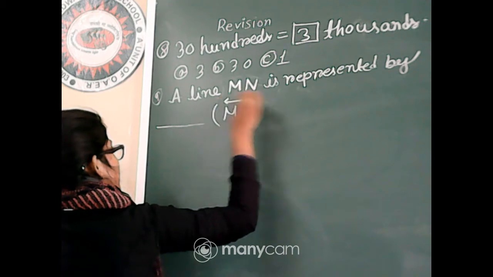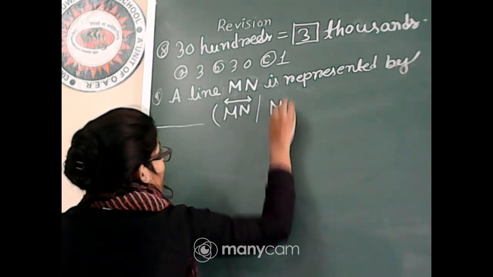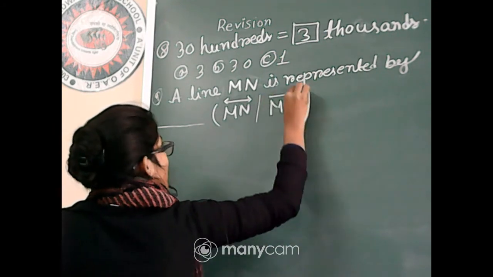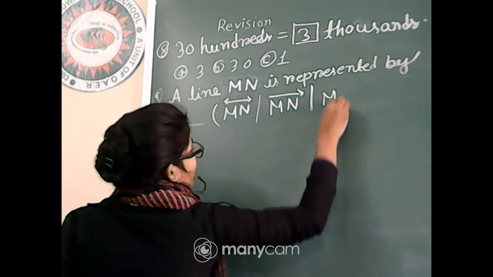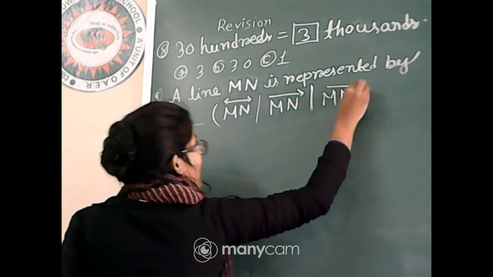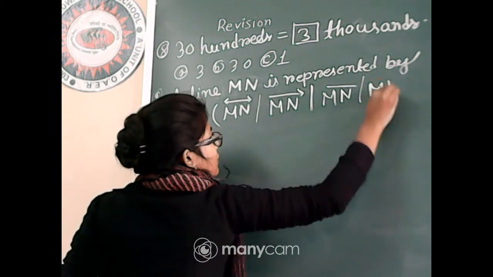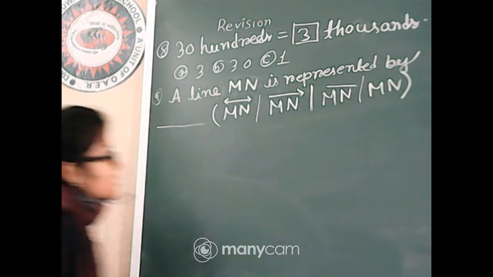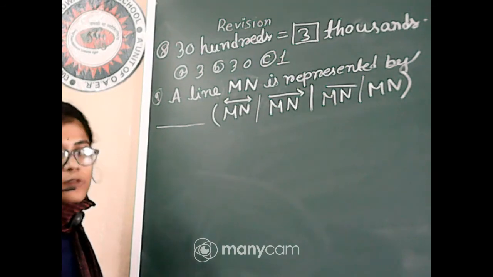In this way, or MN with one side arrow, or MN with a dash, or only MN. Which one? Say. First one, second one, third one or fourth one?